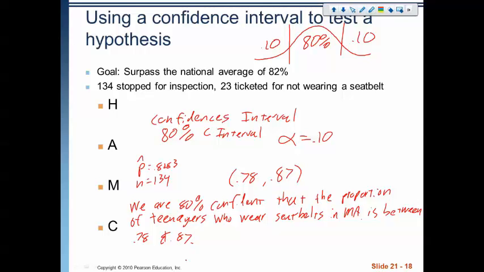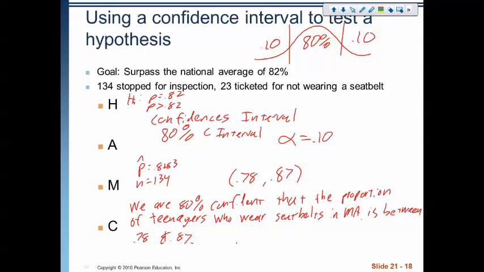Now we need to make a statement about our hypothesis. Our hypothesis, if you recall, was that P is equal to 0.82 and that P is greater than 0.82. So have we reached the point where we are exceeding the national average? If you look at our interval, does the null hypothesis value rest in the interval?